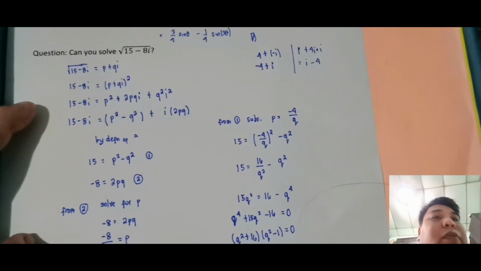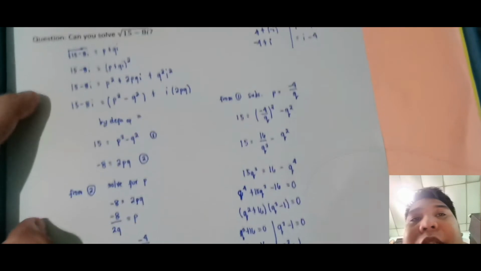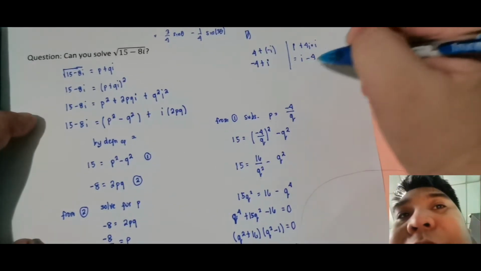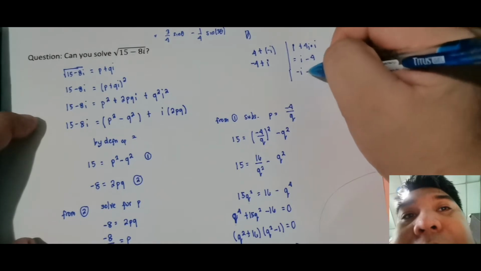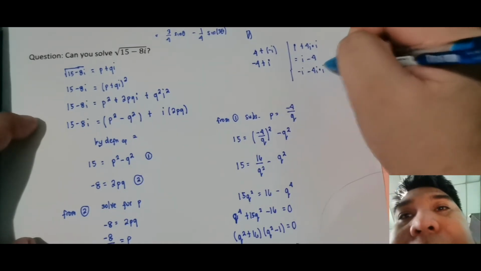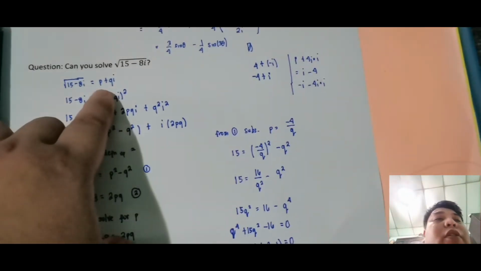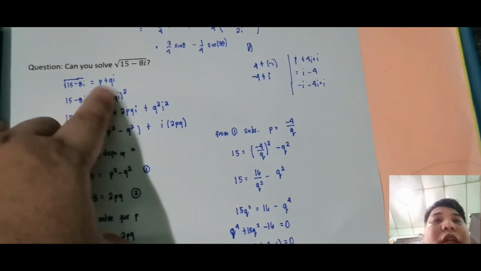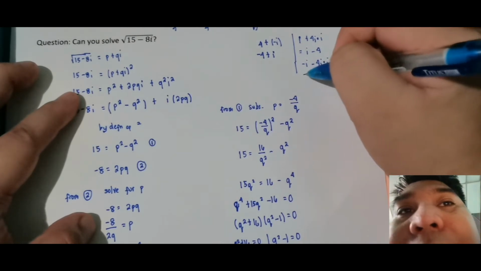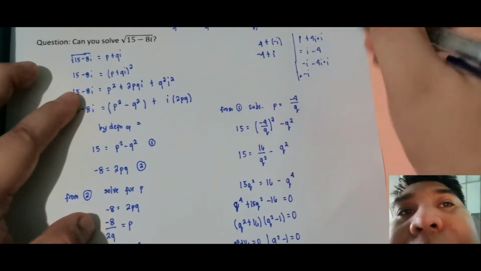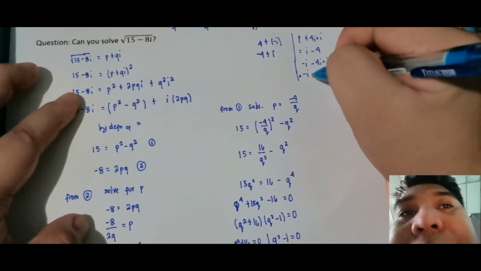Tama, that's i minus 4. So next is yung negative i. So that's minus 4i times i, kasi nga P plus Qi yun eh. So yung P daw negative i, yung Q negative 4i times i, kaya ganun nangyari. So this is negative i, then that is plus 4.